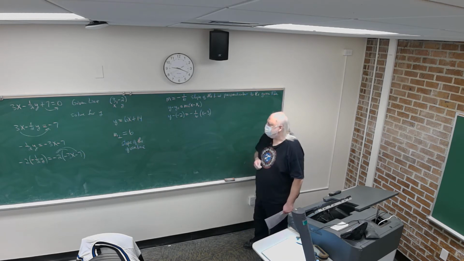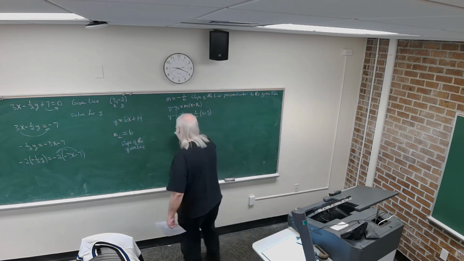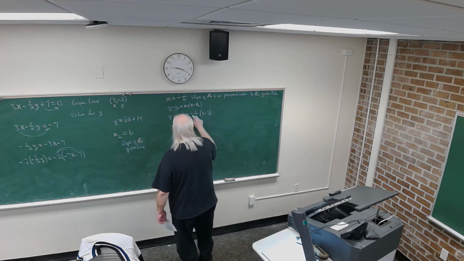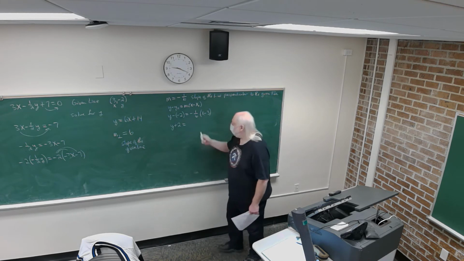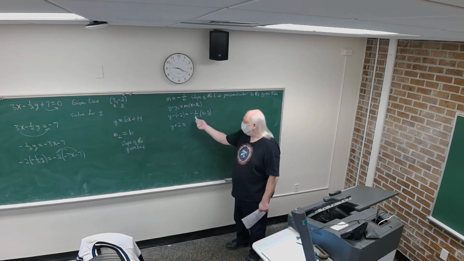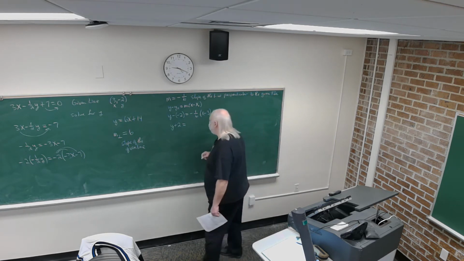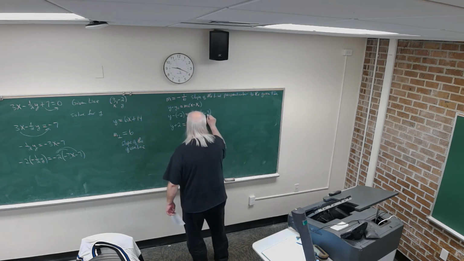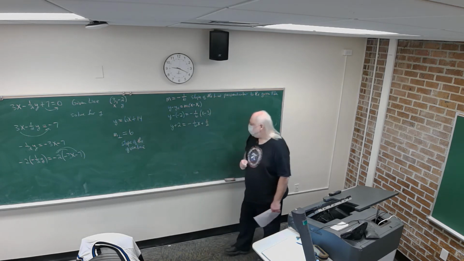Well, y minus a negative 2 is the same as y plus 2. And now when you distribute the minus 1/6 inside the parentheses, you have minus 1/6 times x, and minus 1/6 times minus 3 is plus 1/2.